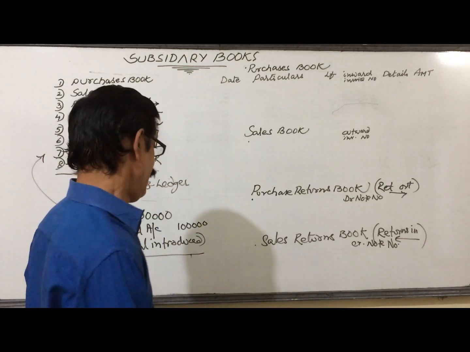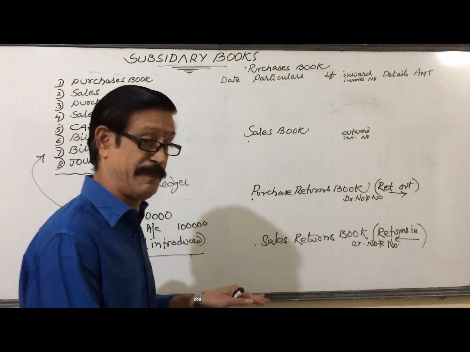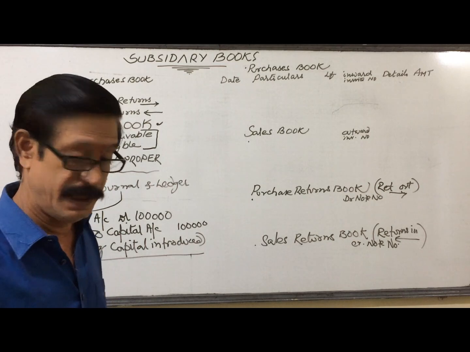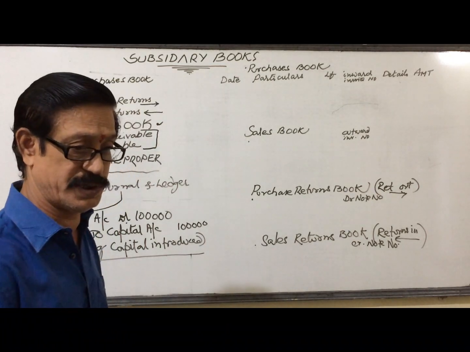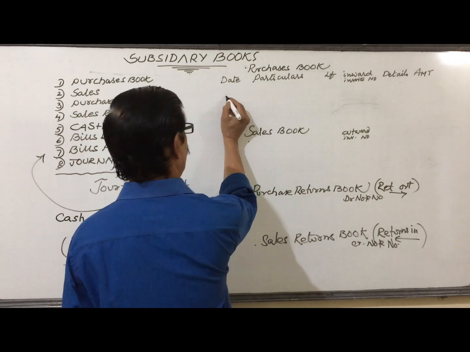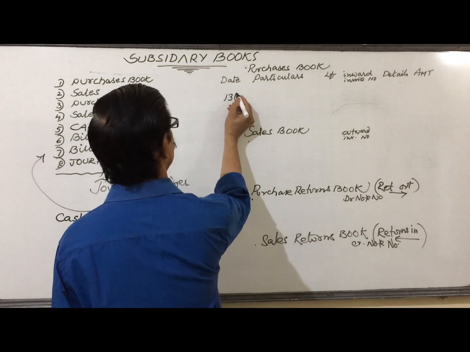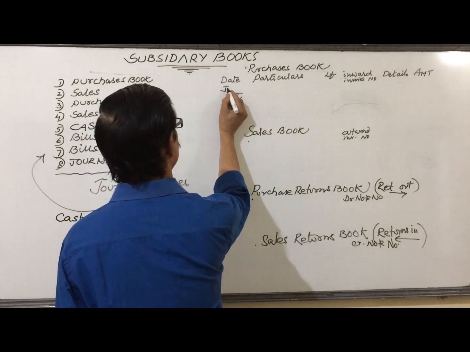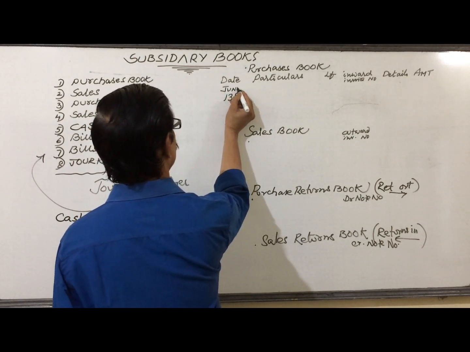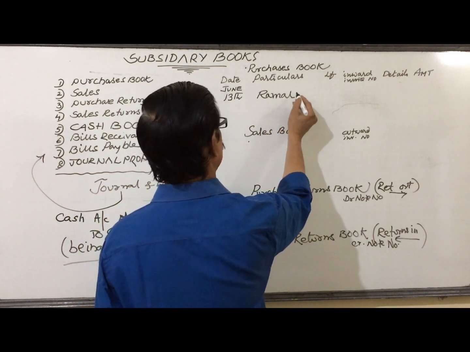Understand? Now, how the time waste is reduced, that I am explaining here. Whenever we purchase goods from Ram Lal, you just have to take the date. Today's date is 13th. You can write down the name, Ram Lal.